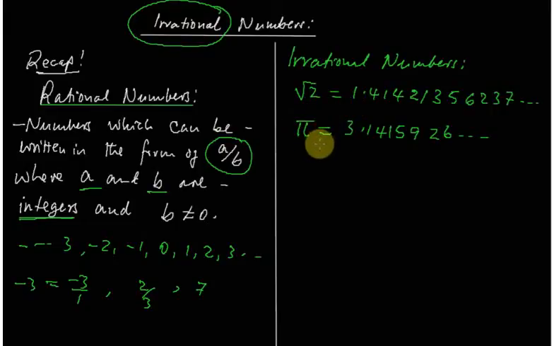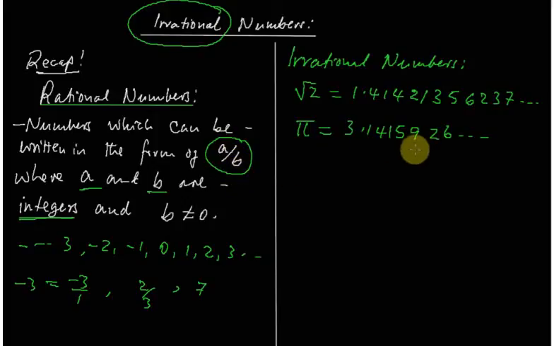They don't terminate and they don't have a pattern that makes them repeating decimals. So these are irrational numbers, numbers which cannot be written as a simple fraction in the form of a over b.